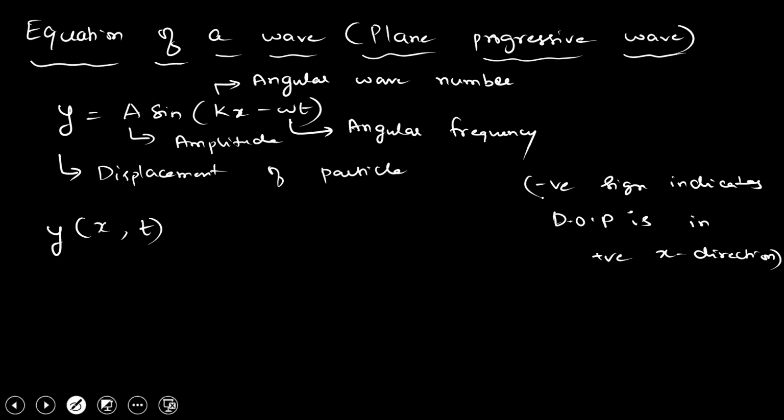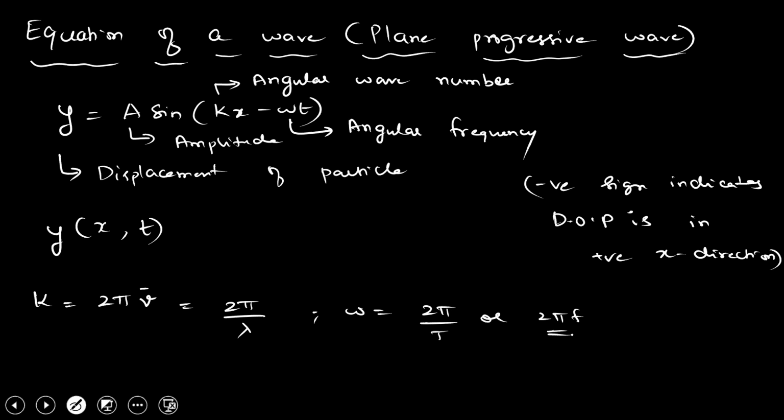So the angular wave number is 2 pi times the wave number, represented by nu bar, or it can also be written as 2 pi divided by lambda. Similarly, omega is equal to 2 pi by T, or 2 pi times frequency. I hope this is clear.